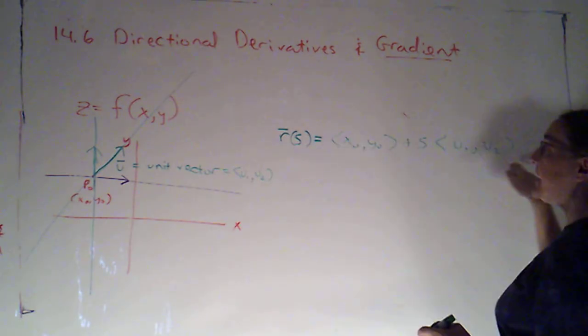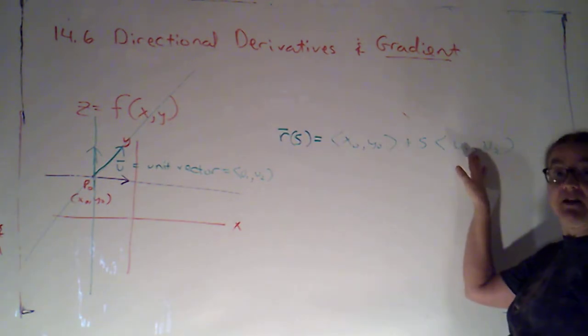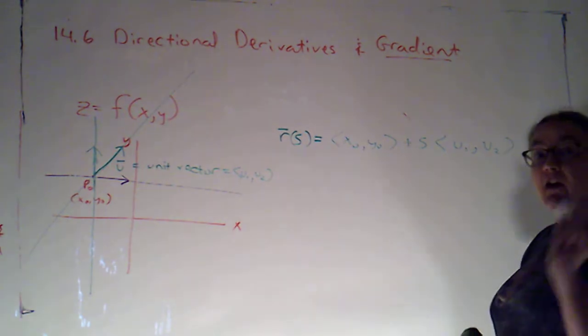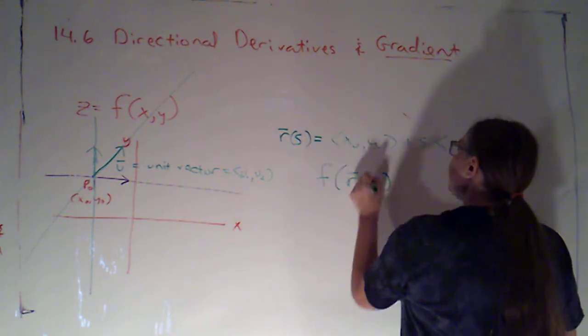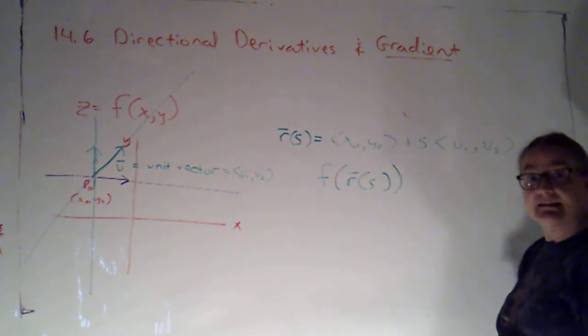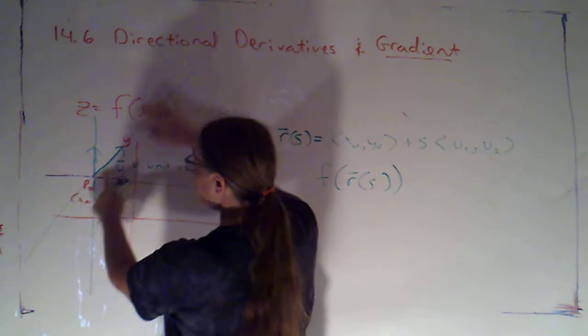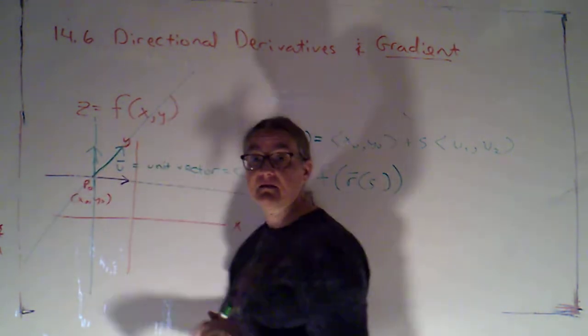So that's an arc length parameterization of this line where I'm using this unit vector as my direction vector. Okay, excellent. Then the curve that I get is f of r of s. That's going to be the curve I get by applying this function to points that are on this line.